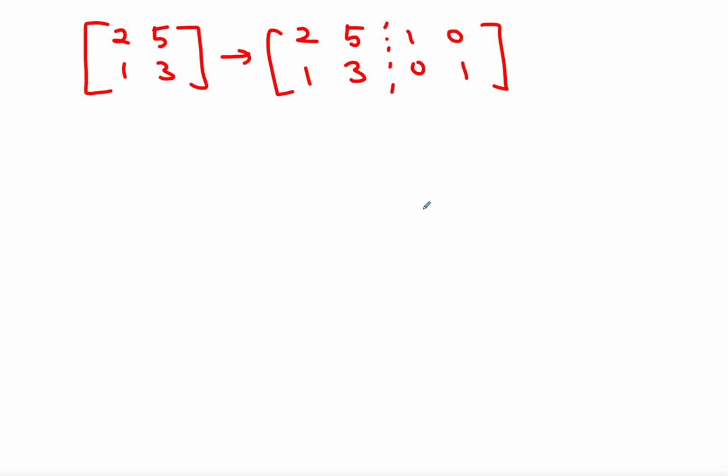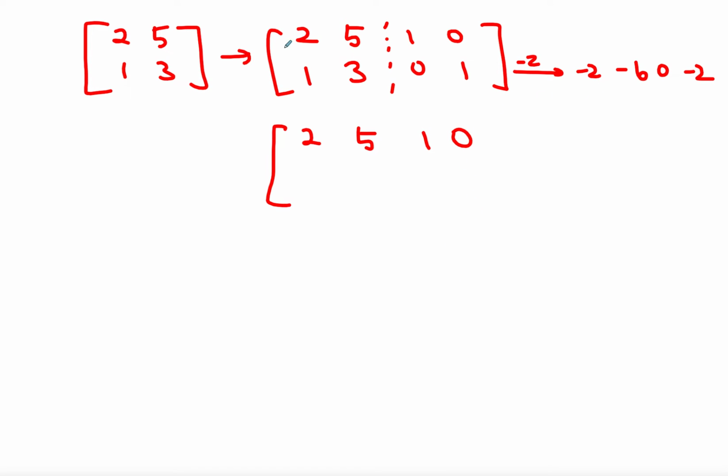Whatever I get as a result on my right side becomes my inverse matrix. First, I'm going to multiply the bottom row by -2. Then I get -2, -6, 0, and -2. Now I'm going to add those two. The first row is the same, 2, 5, 1, 0.